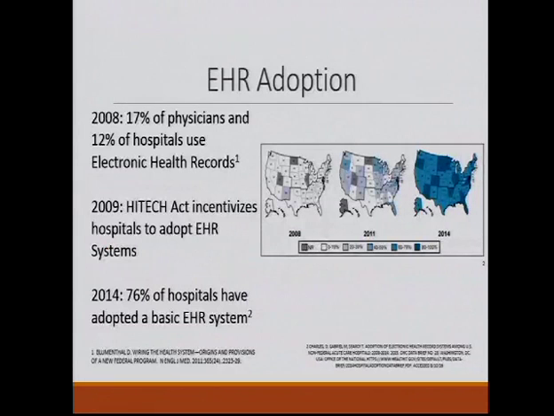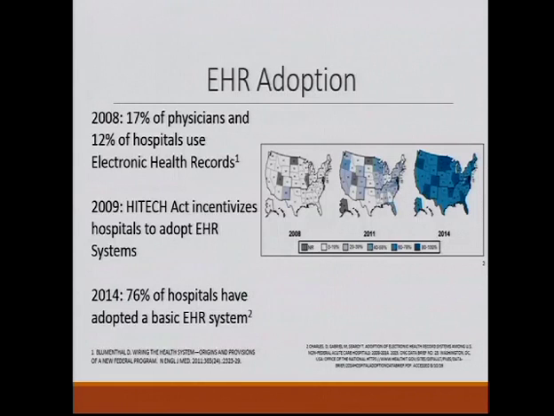I'm just going to talk a little bit about the context of the problems that we were facing. In 2008, electronic health records were used by just 17% of physicians and 12% of hospitals in the United States. But there was a lot of information that said that if you start using electronic health records and you can manage to coordinate care for patients, you can both improve their health outcomes and also reduce the costs, which is a very attractive proposition.